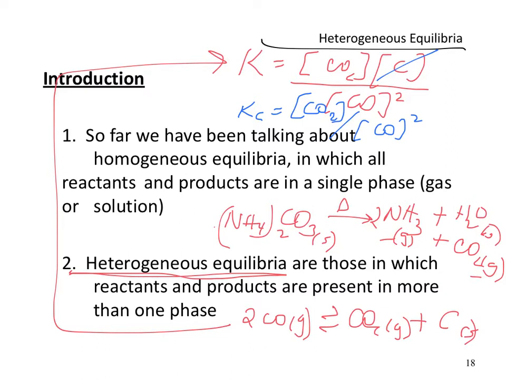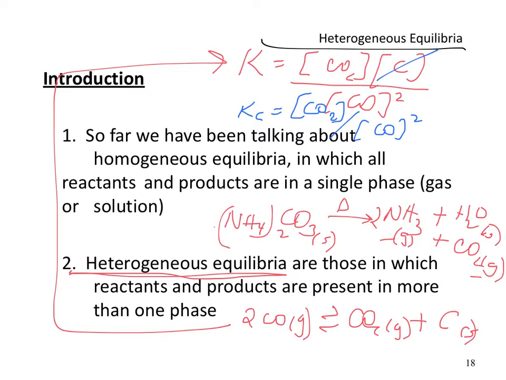Now, similarly, recall I told you that concentration of a pure liquid does not change either. So if you have a pure liquid, reactants or products labeled in the chemical equation as an L, those are also excluded from the equilibrium expression.